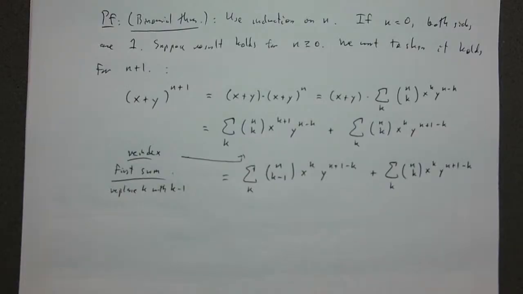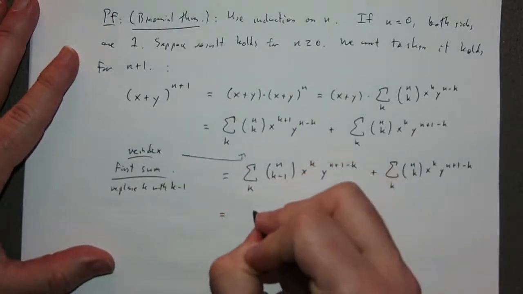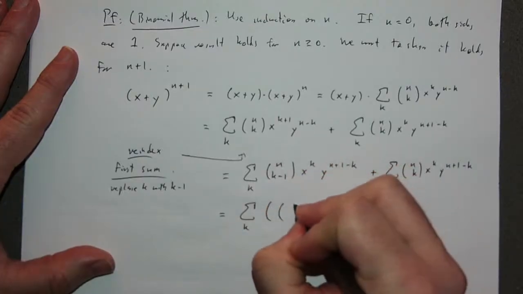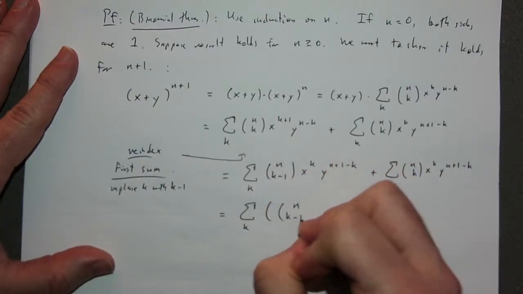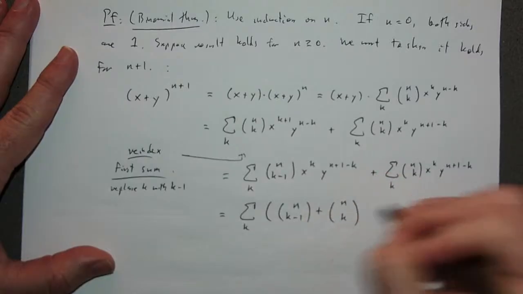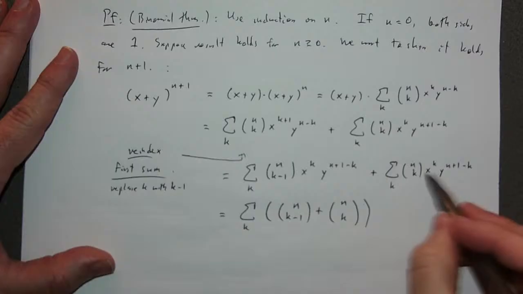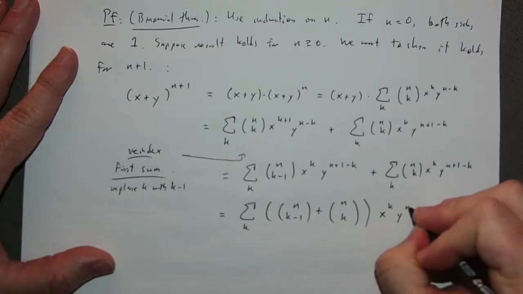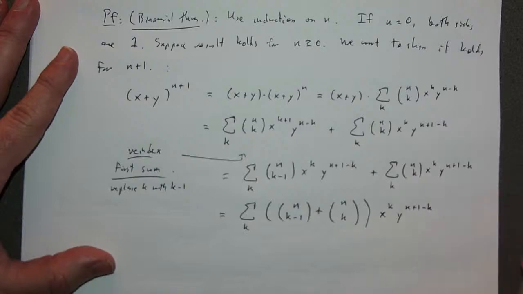So, rewriting this and regrouping, this is the sum over k of n choose k minus 1 plus n choose k, times, these terms are the same for both of these sums, x to the k, y to the n plus 1 minus k.